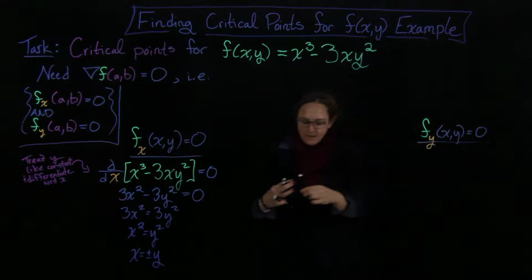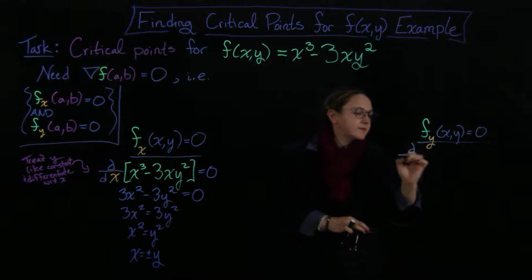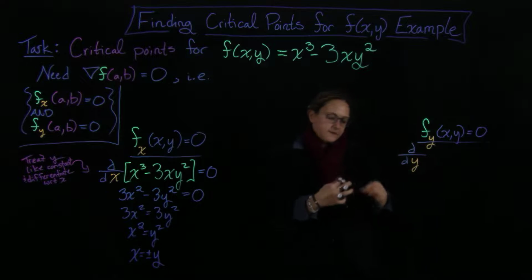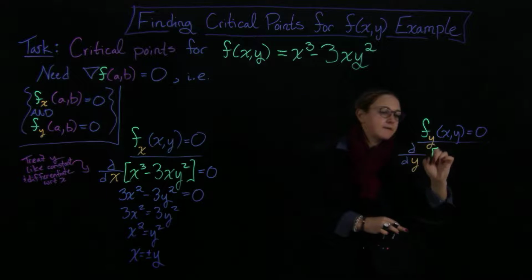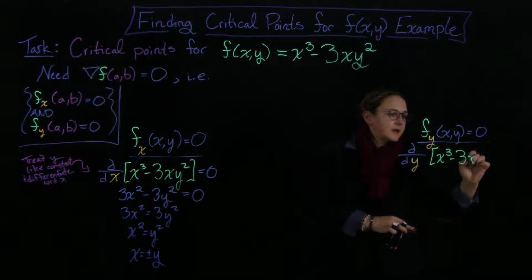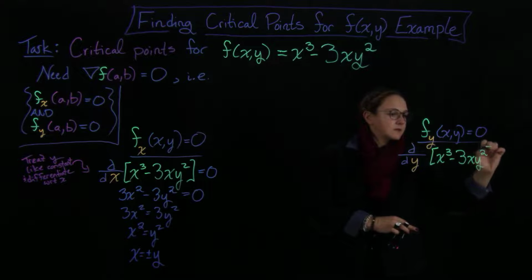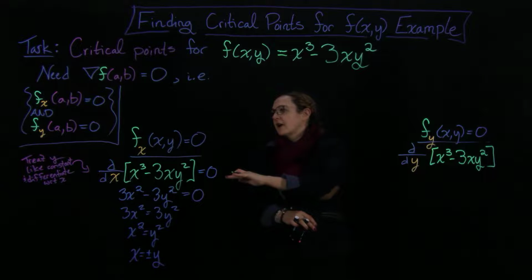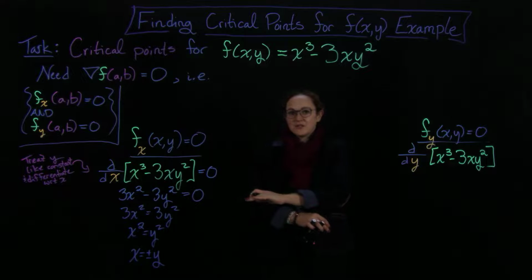Okay, so the partial derivative with respect to y of this function, x cubed minus 3xy squared. Now to do this one, I had to treat y like a constant and differentiate with respect to x.